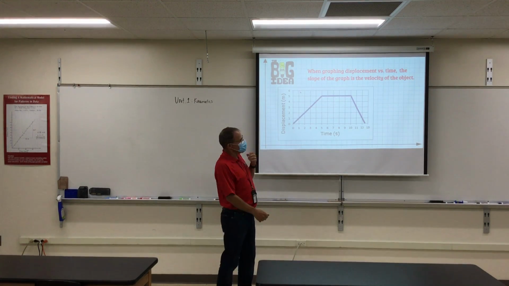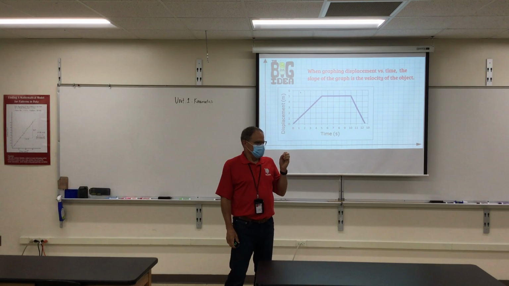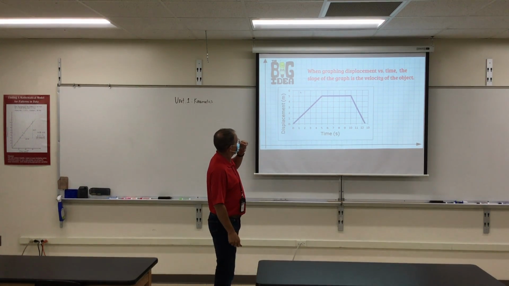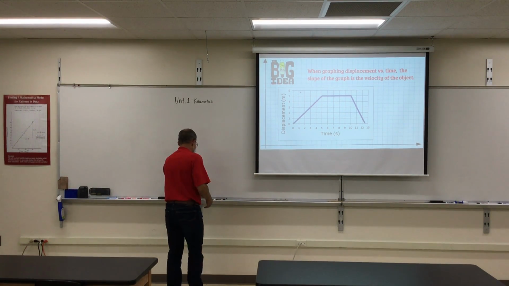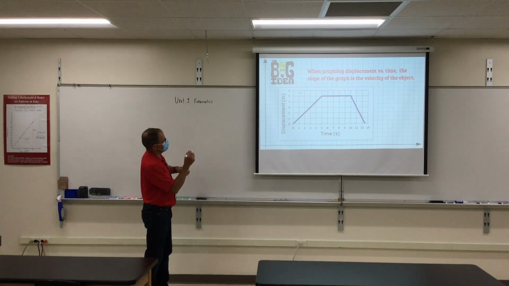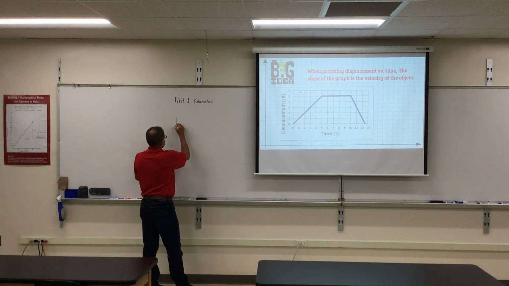All right, so here's the big idea that we're going to jot down. Okay, so here's kind of how you can do it if you want. You can put all that in your book, or you can just do this.